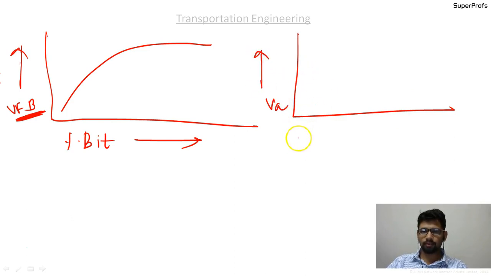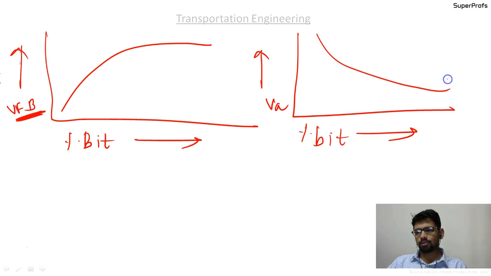And again, percentage volume of air versus the percentage bitumen. In this case, you increase the bitumen, and your air voids are going to decrease. There is nothing special about this, but it is important that you have a sense of the behavior of the voids with respect to increasing the bitumen content.